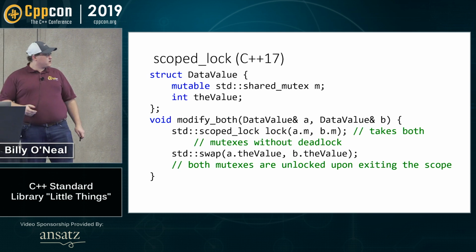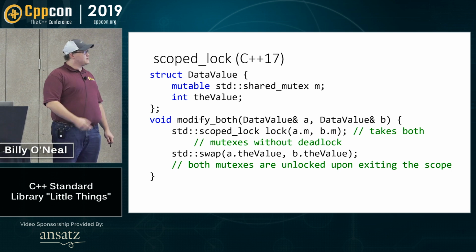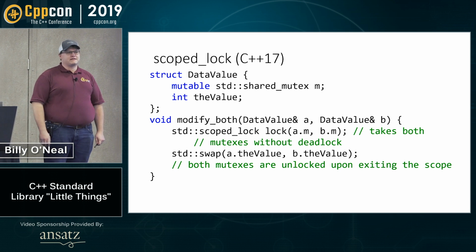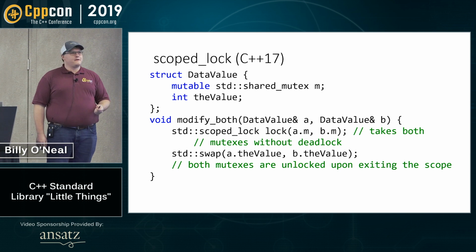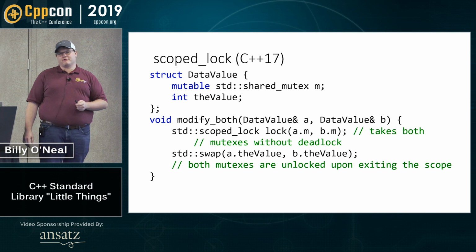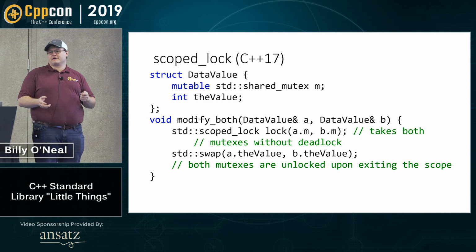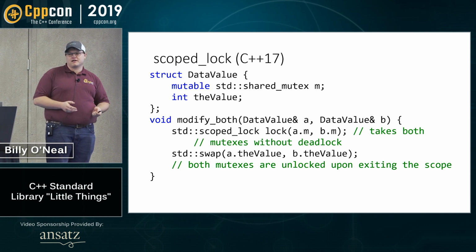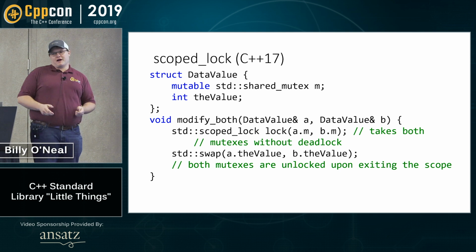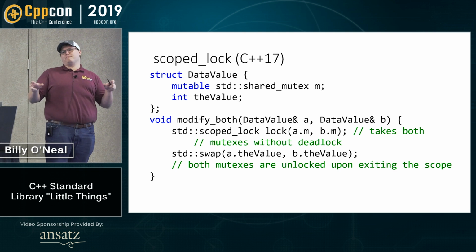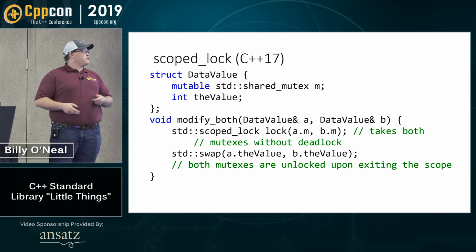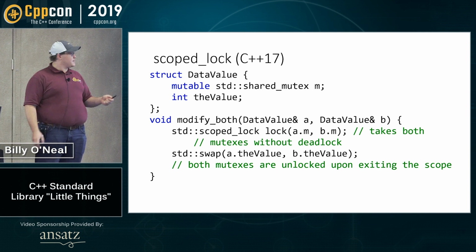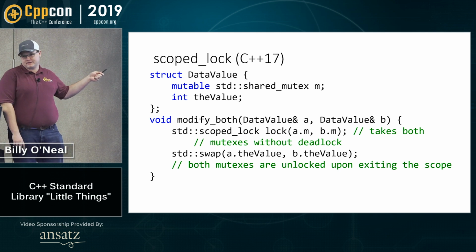It just does this by choosing the right ordering of lock, try_lock and unlock calls. For example, let's say you're doing some kind of data processing, and you want to manipulate two values at once. I've used swap in this example because while atomic exchange is something that you could do as an atomic operation, there are no atomic operations that talk to two different memory locations. So if you wanted to swap these values, you would need to take both of the mutexes, just like this scoped_lock does.